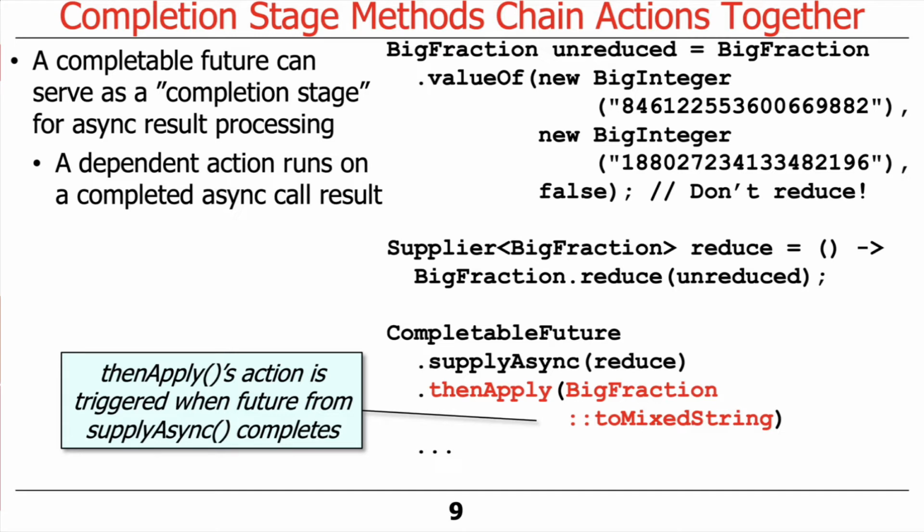then the dependent action, the dependent completion stage method thenApply, is going to be called with the dependent action. And the dependent action here is to convert the reduced BigFraction from its improper form into its mixed string form. So that'll convert that BigFraction into a mixed string.